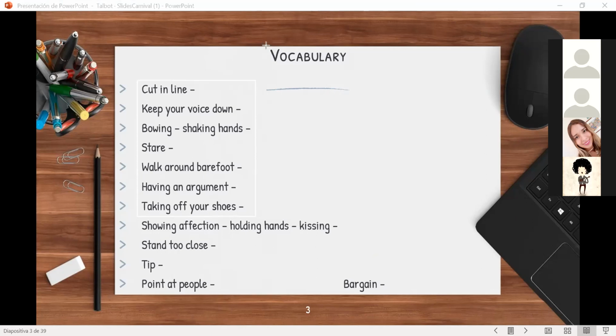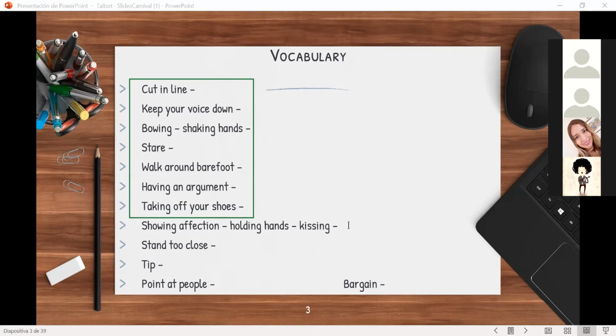Tenemos que hacer oraciones, algo así le escuché, con esas palabras y entre ellas. Yes, that's it. Let me change the color. Okay, yeah, we have to do sentences with these first 7 phrases. And then we're going to share our examples.